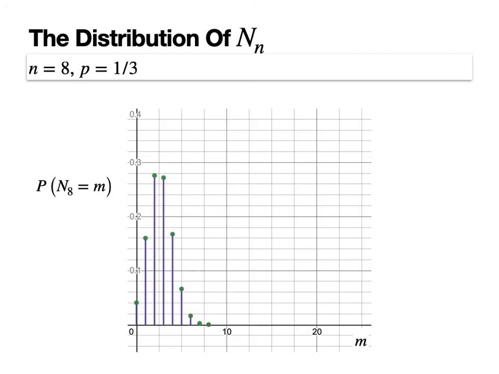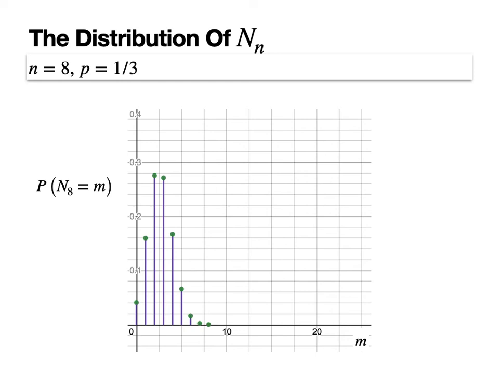Here I've got a few graphs that just show that mass function for various values of n and p. Here we're looking at the binomial distribution for n equal 8 and p equal 1/3. So we're 8 trials, and the success probability is 1/3 on each trial. And we're looking for the probability of drawing exactly m red balls in these first 8 trials.